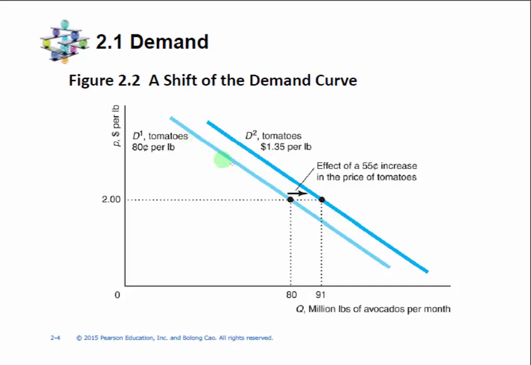The demand curve can also shift. The whole demand can shift to a different position. In our textbook, if the price of a substitute like tomatoes changes, that can move the whole demand curve. Or if consumers' income level changes, that can also move the whole demand curve.